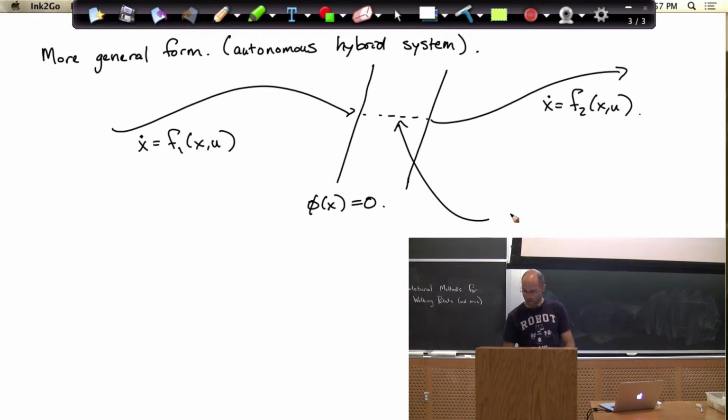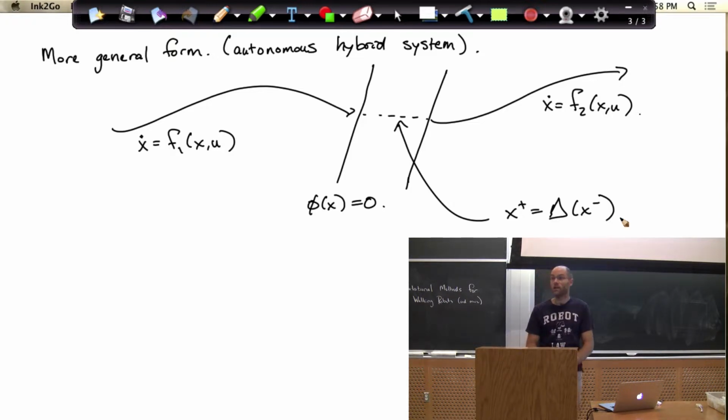That reset, of course, has in general some rule that governs it. This is the general picture that you might have in your head for a hybrid system with an inelastic collision or impulsive event. All these things have names. The continuous phases we call the hybrid modes.